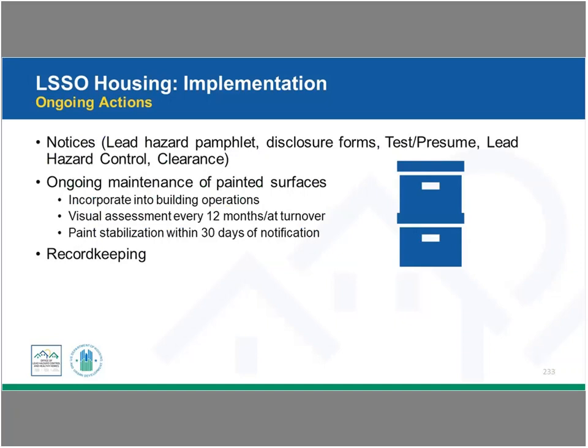So for ongoing maintenance, and this is in projects where we have an ongoing relationship, we have to do a visual assessment, and this is either 12 months or at unit turnover, whichever comes first. So essentially, we would have a schedule that every year all units are going to be inspected, but at the point that a tenant moves out, we're also going to do that visual assessment.